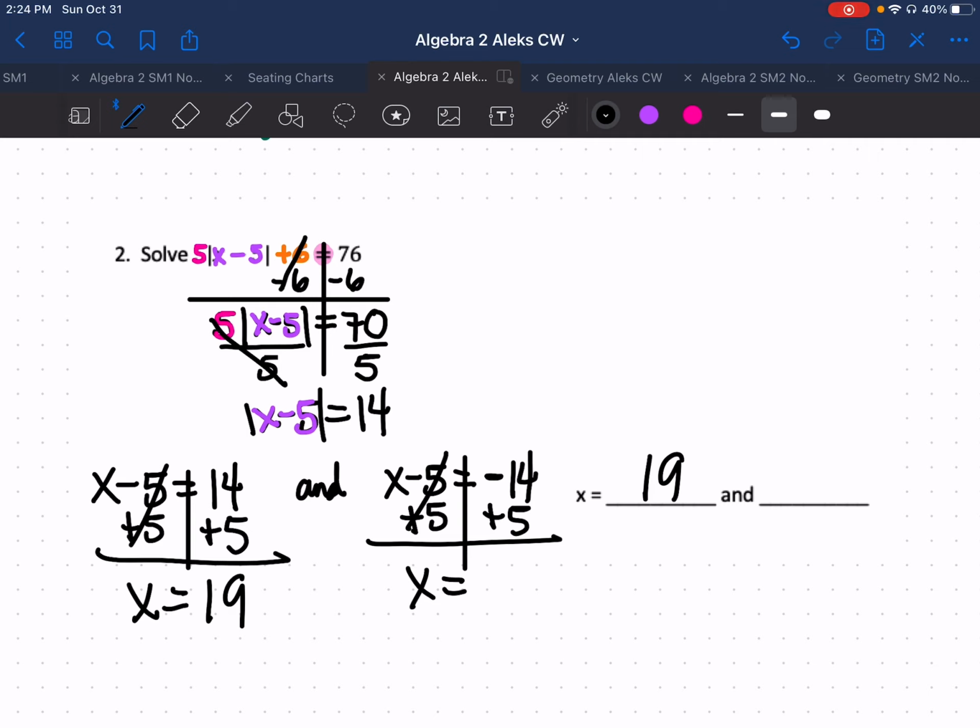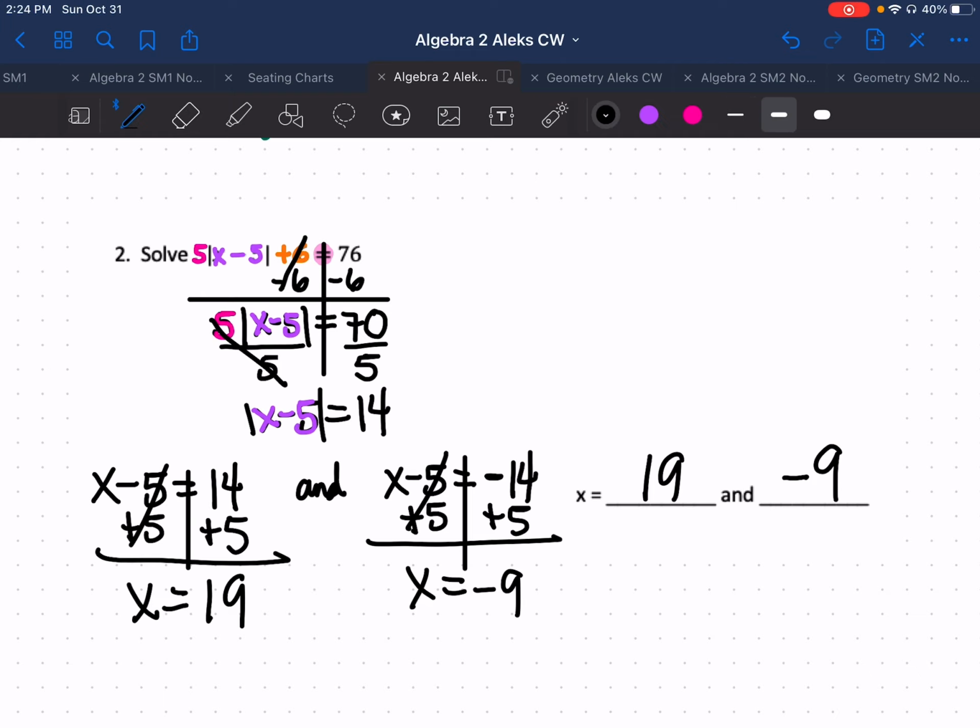Please make sure that you put this in the calculator and you check it because negative 14 plus 5 is not negative 19. It is in fact negative 9. Make sure you put it in the calculator and check because what a lot of you are doing is saying, well, I got positive 19, the other one must be negative 19. No, no, no. Check. Make sure.